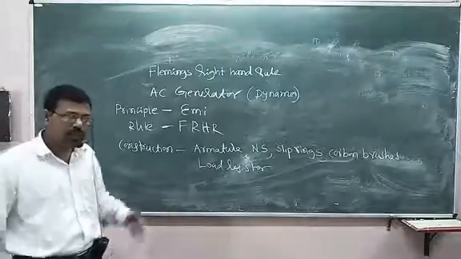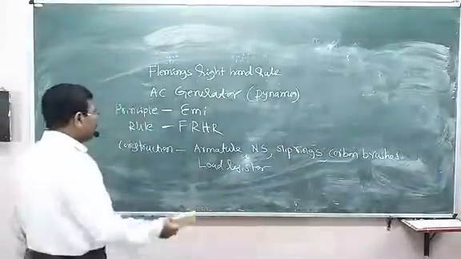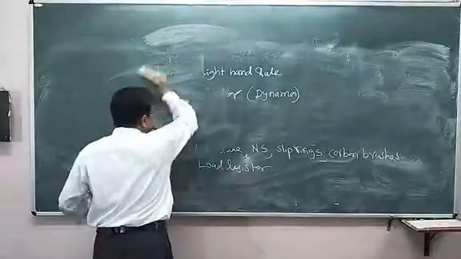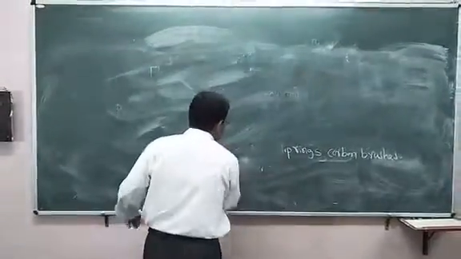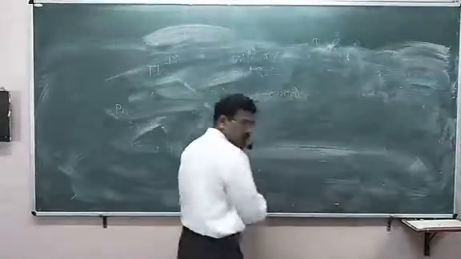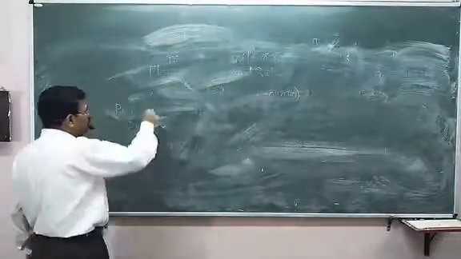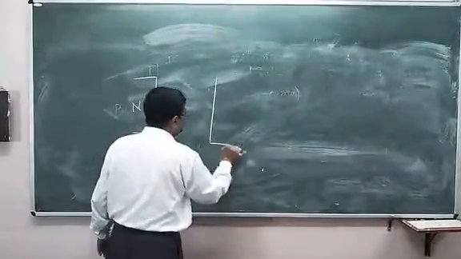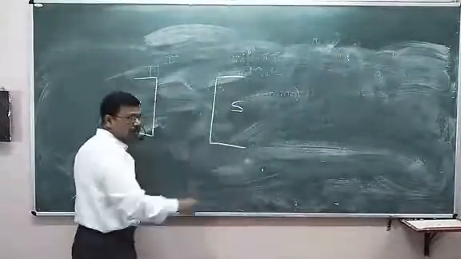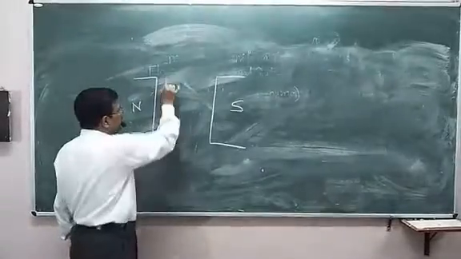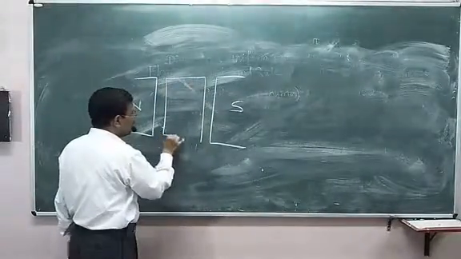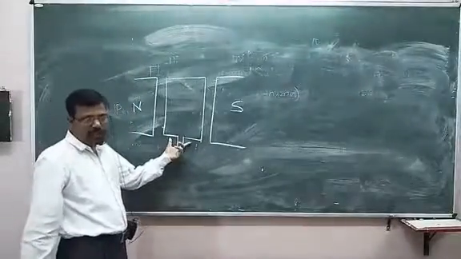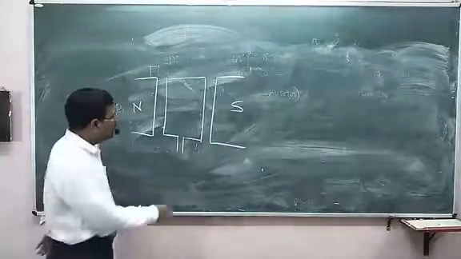This is the concept. What is the diagram? How do we draw the AC generator? There are two pole pieces of a horseshoe magnet, north and south. Here is a rectangular coil containing several turns, which we call the armature.